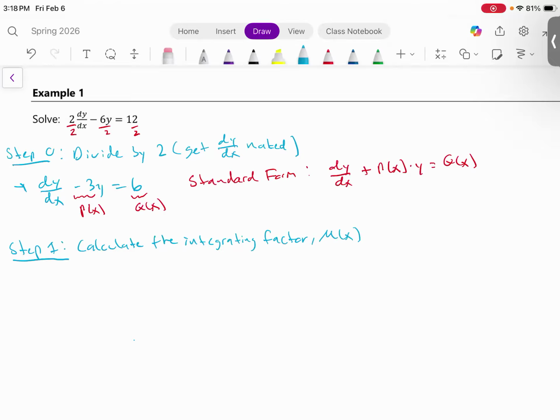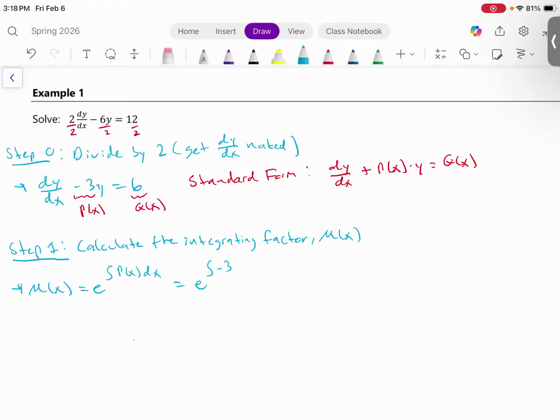The way we do that is mu is e raised to the integral of that p of x function. So we need to integrate p of x, and e is raised to whatever that integration is, and that's our mu, the integrating factor. Luckily we have constants, so it's easy to work with.